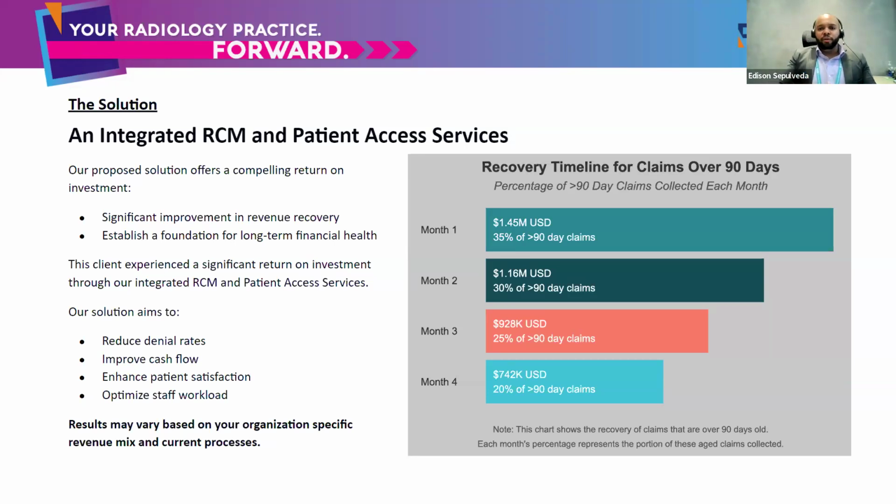From our view, it all starts with having the proper visibility into what these issues are. And it's due to this reason that we mentioned having that proper analysis, proper visibility into the ATB report, and then how you can communicate the RCM team and the patient access team to be able to address the root cause of the issue.